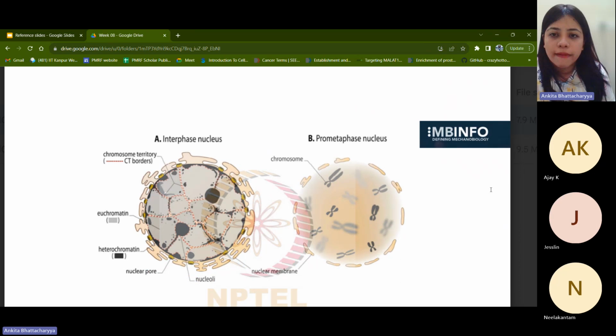Here you see some representative images of an interphase and a prometaphase nucleus to draw a comparison between these two. One obvious difference is that the genetic material has condensed to form chromosomes.